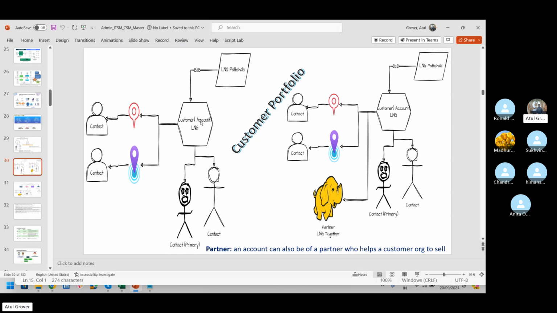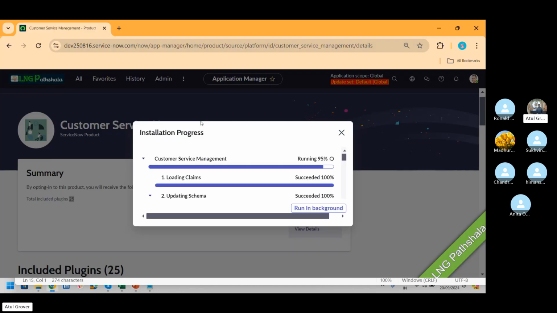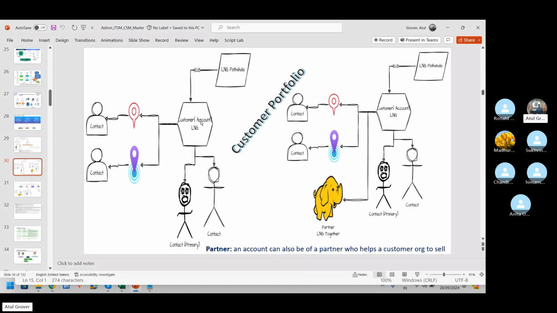Under Tata, I have Tata Communication, Tata Telecommunication, Tata Motors, and all things will be there. So this concept also comes in the picture, a hierarchy-wise setup. Just a brief understanding I'm giving. When we go for the service and this plugin is installed, it is easy for us to understand that complete hierarchy.